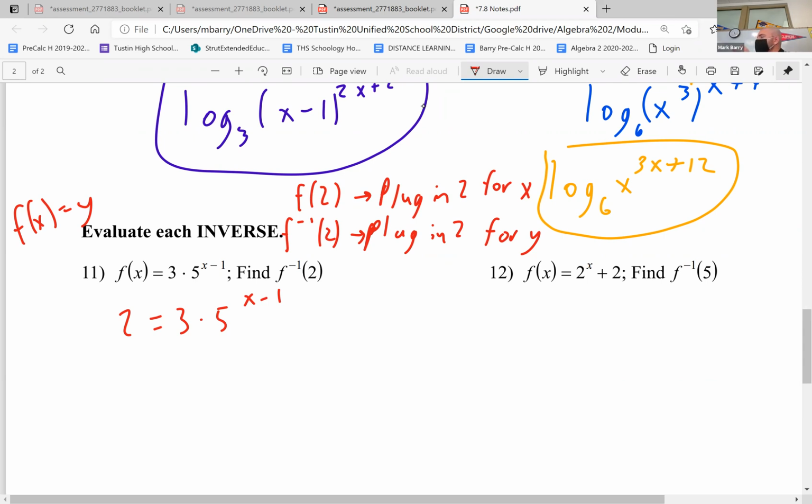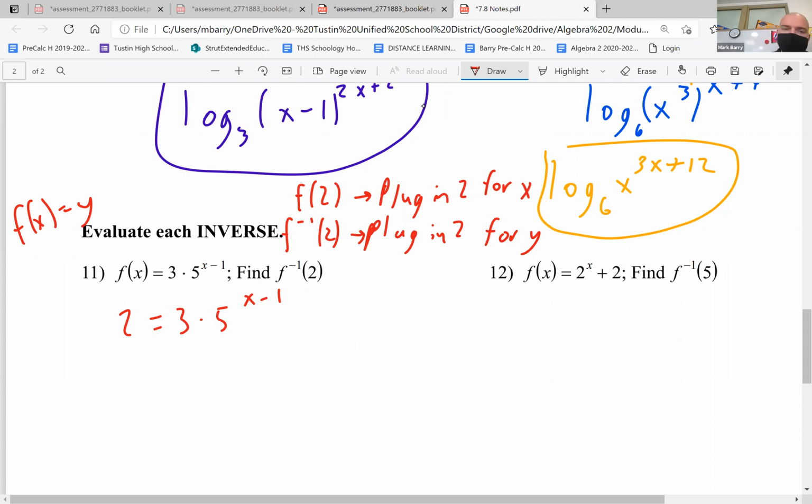So you see it takes over for the whole thing in front. That's like our y value is 2. And now we need to figure out what x is. So x is in the exponent, which means I'm going to have to use logs to help me solve this, okay? So this is what you guys practiced yesterday.